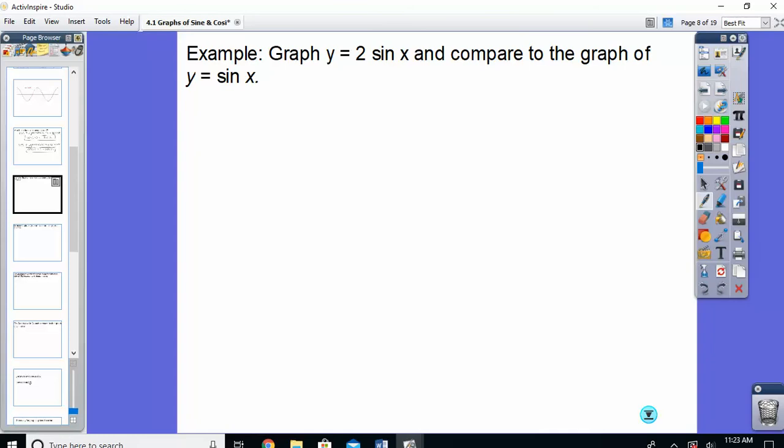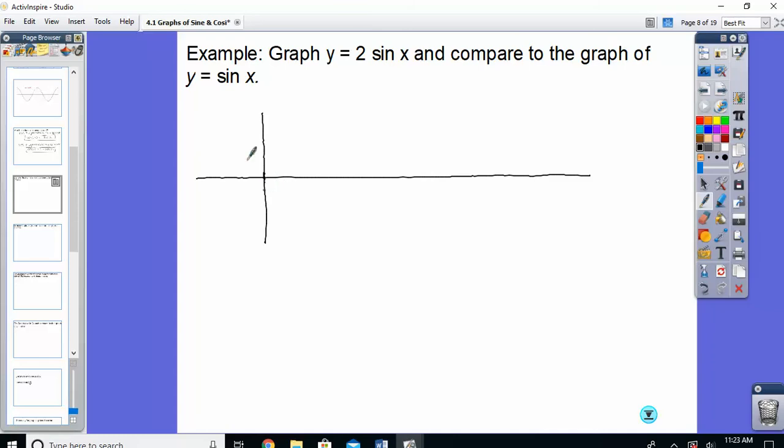So I want to start graphing some variations of these. Let's graph 2 sine of x. What I expect from you on your graph: on your x-axis, I want you to put, it's really 5 points.